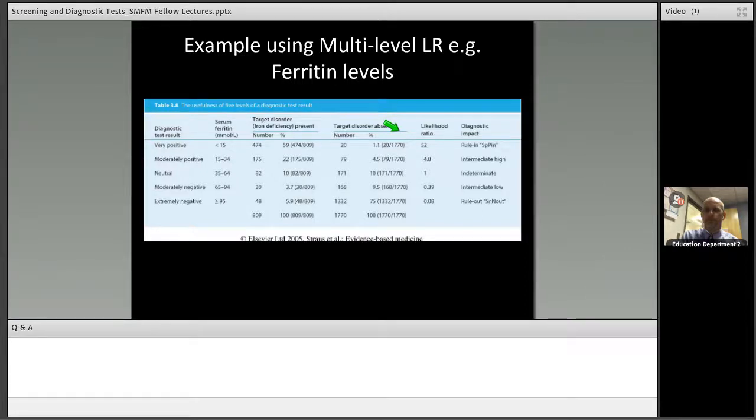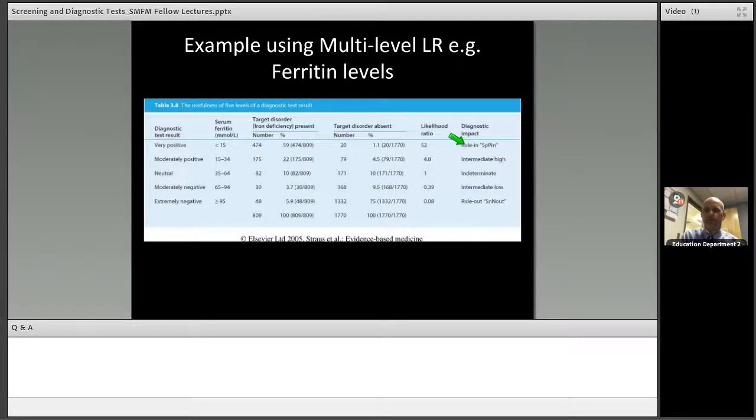In a patient who has a very low serum ferritin, less than 15, with a likelihood ratio positive of about 50, there's a very high odds that this patient is going to be anemic and have iron deficiency anemia.